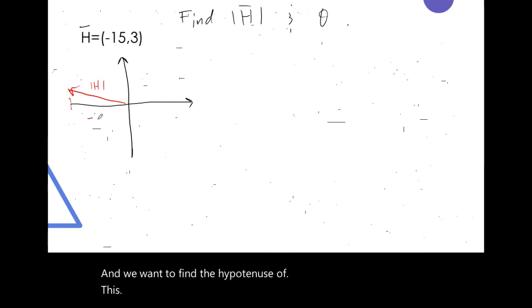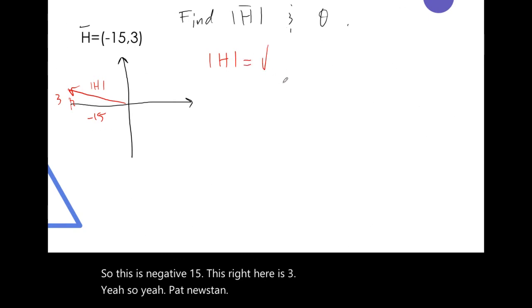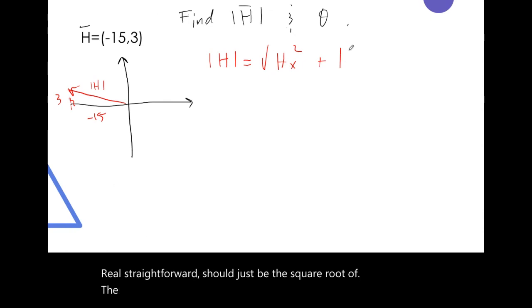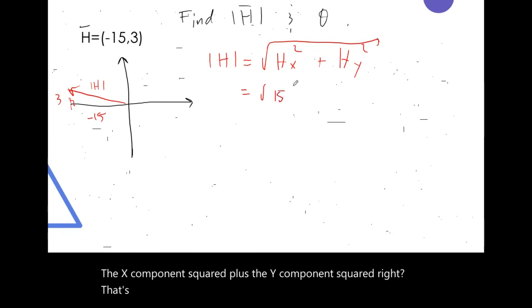So this is negative 15, and this right here is 3. The hypotenuse is real straightforward, it should just be the square root of the x component squared plus the y component squared. Well, that's just 15 squared plus 3 squared.